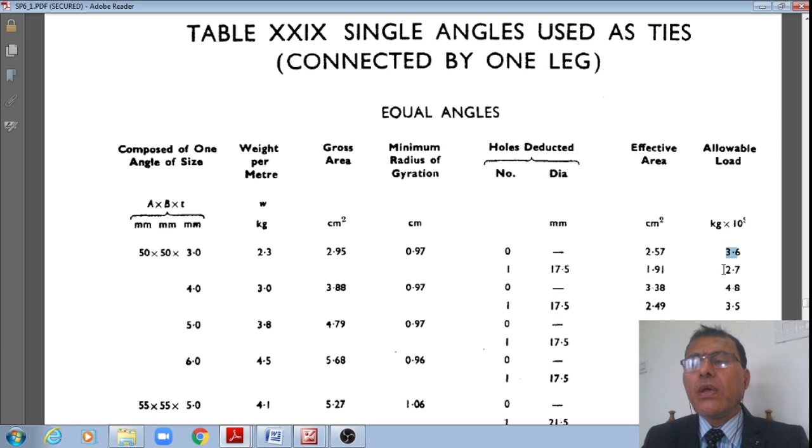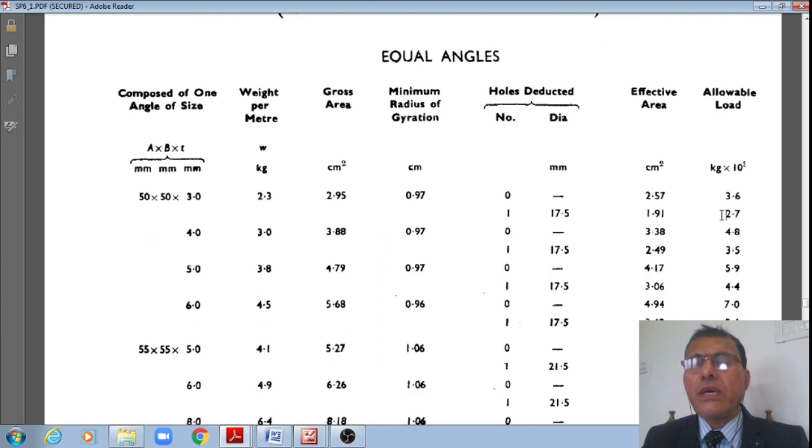Without any hole, with hole you can see it has reduced to 2.7 tons almost. It has reduced by 1 by 4. 1 by 4 is the reduction, right?